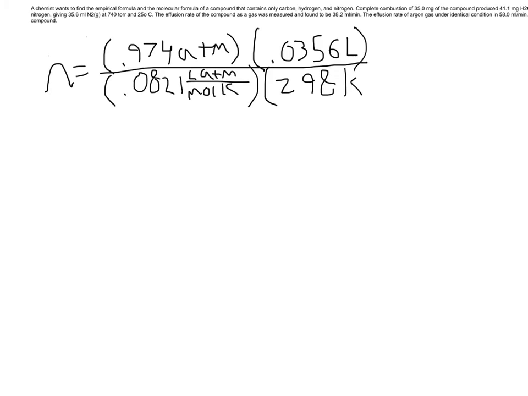Okay, so the first thing I'm going to do, since I was given milliliters of N2 that was produced from the 65.2 milligram sample, is solve for n. I already converted the 740 torr to 0.974 atm. I converted my milliliters to liters.